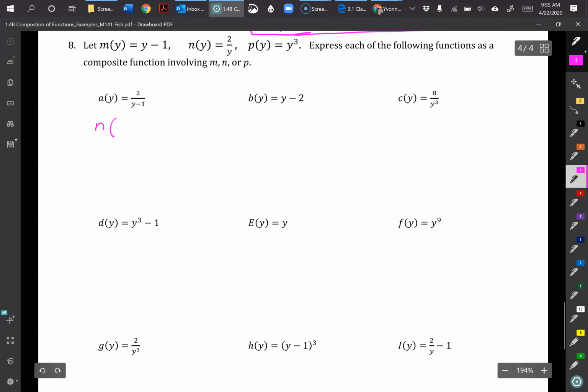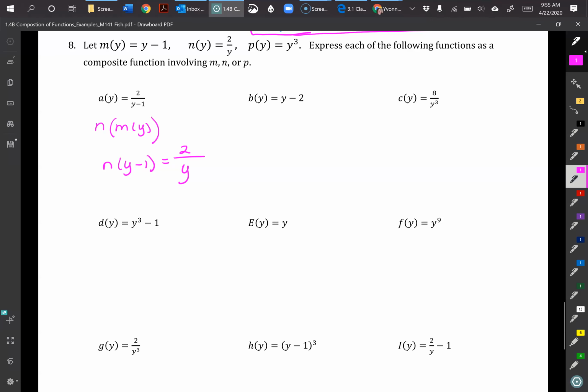So if I did n of m of y, just to start with, let's see what happens there. Then I would have n of y minus 1, and the y minus 1 would go in for the y.